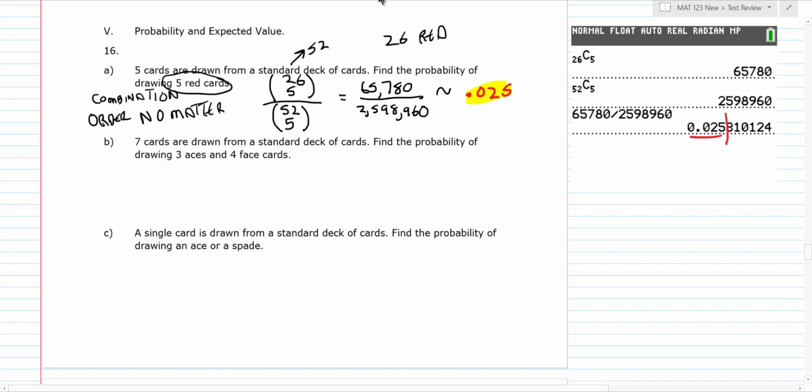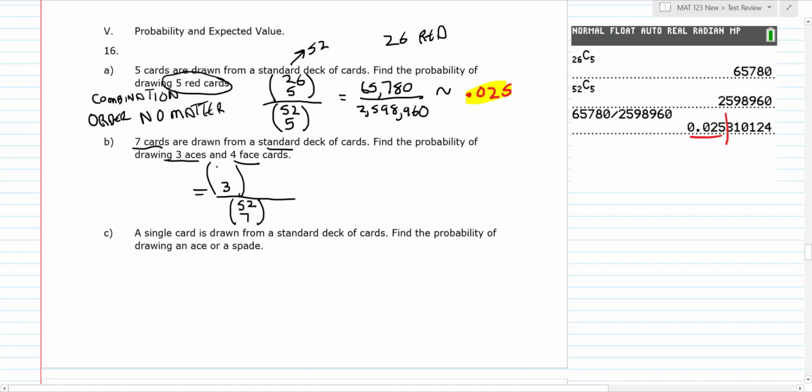Okay, next problem says you are drawing 7 cards from the 52. We're going to find the probability of getting 3 aces and 4 face cards. So this one goes like this. The denominator is all 7 of your cards chosen from 52. We have to do aces. We're drawing 3 aces.